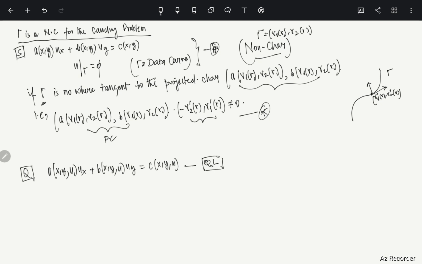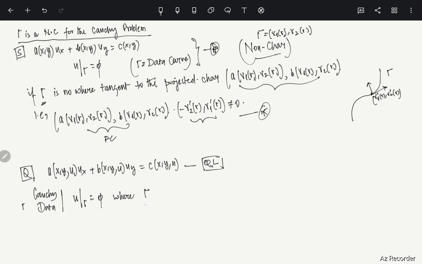Okay, and what is your Cauchy data in this case? The Cauchy data is given by this. This is your gamma. So u restricted to gamma is given to be phi, where gamma is a curve.